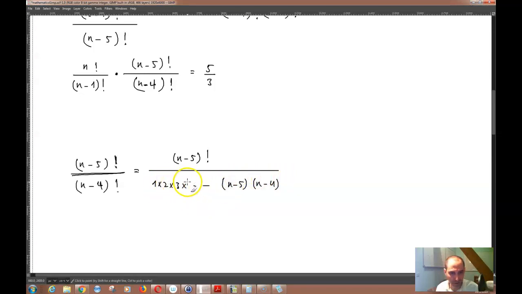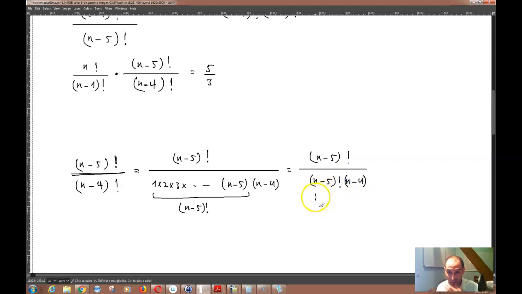And of course you can just keep writing all of these terms, but the point is that this part over here is n minus 5 factorial. So then I can write this as n minus 5 factorial over n minus 5 factorial times n minus 4. So you see, there is a whole lot of room for making mistakes here, so you need to be careful.